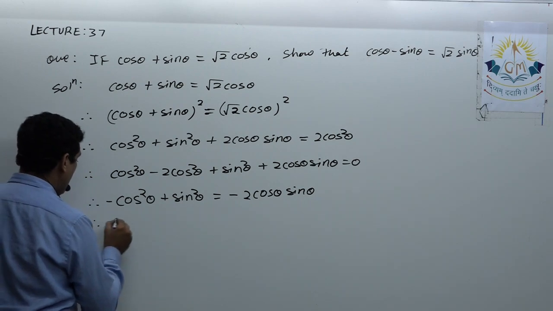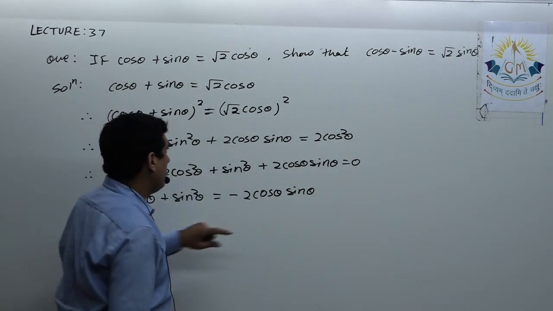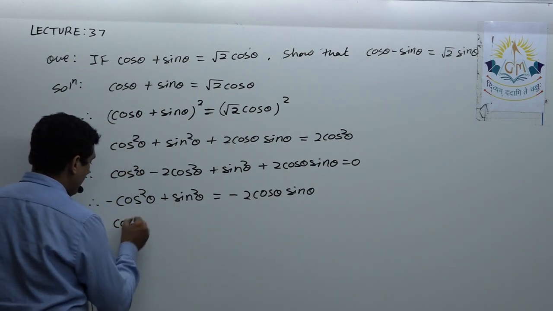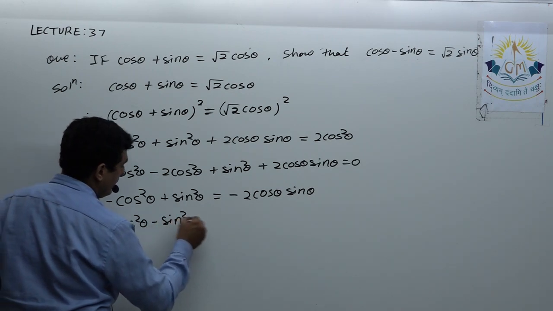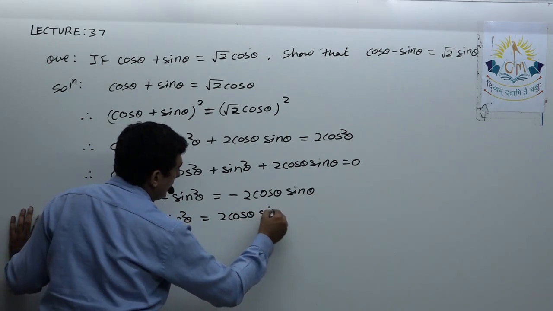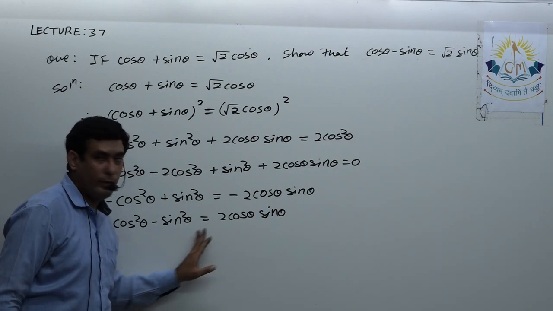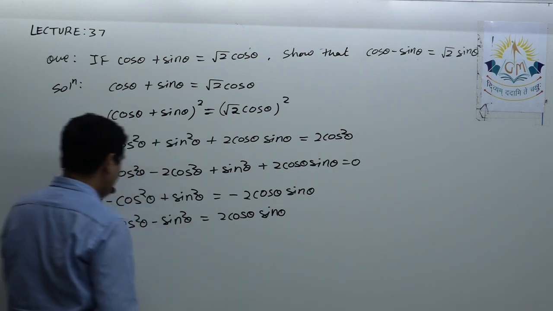I need cos minus sin. Now if I multiply throughout with minus sign, here I will get cos square theta minus sin square theta is equal to 2 cos theta sin theta.